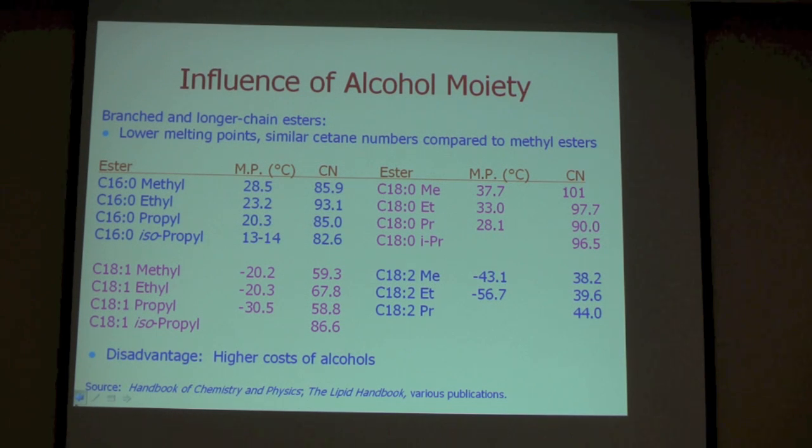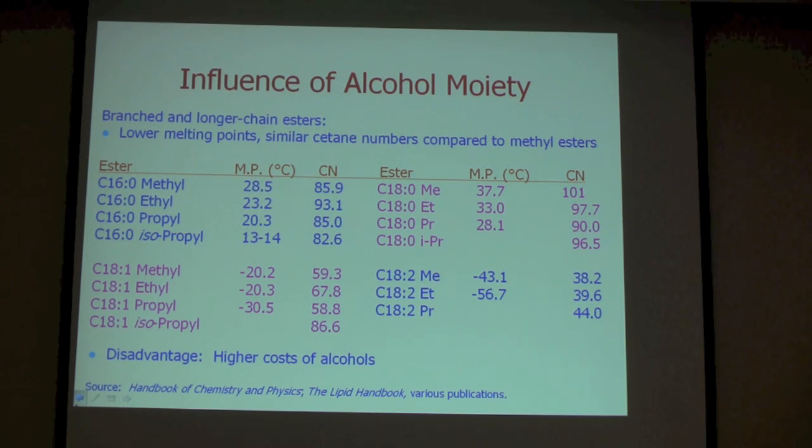If you compare, for example, C16 esters here, the larger the alcohol, up to about C4, C5, the lower the melting point. It starts to reverse at about C5, C6 again. But if you use some alcohols, for example ethanol or propanol or isopropanol, you get biodiesel fuel that has probably improved fuel properties.